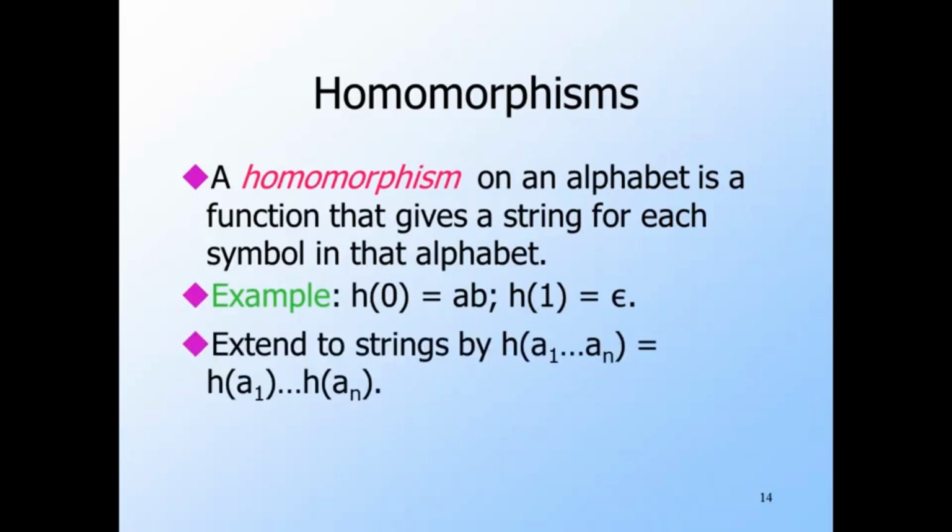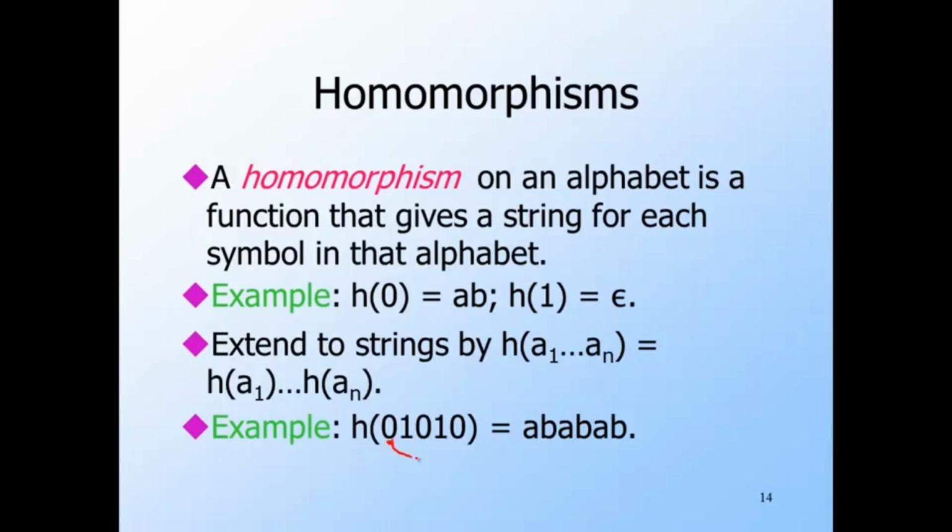We apply any homomorphism to a string by applying the homomorphism to every symbol of the string in order and concatenating the results. For example, if we apply our homomorphism H to the string 0, 1, 0, 1, 0, each of the zeros gets replaced by AB, and the ones effectively disappear because they are replaced by the empty string.